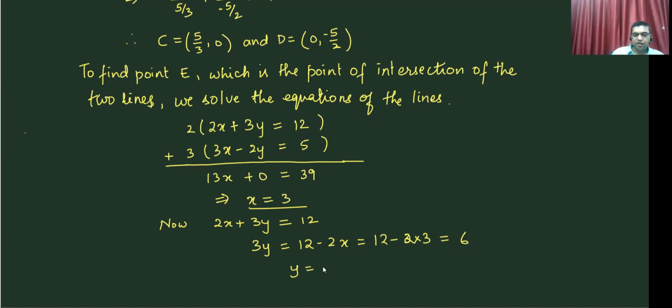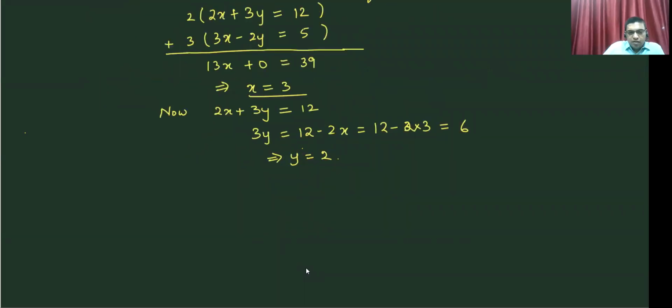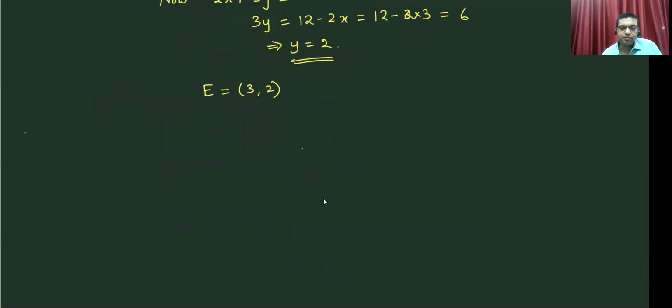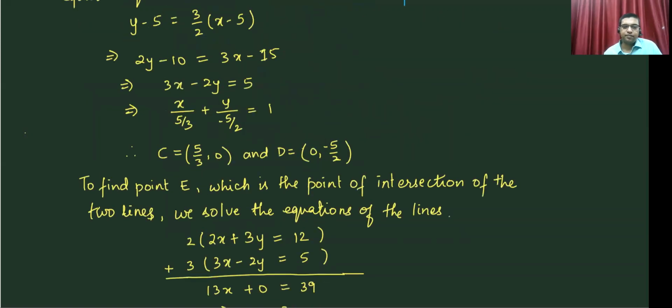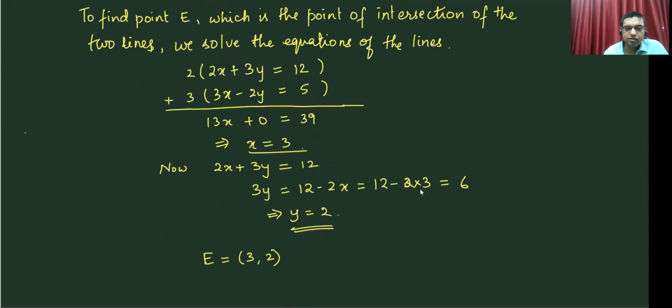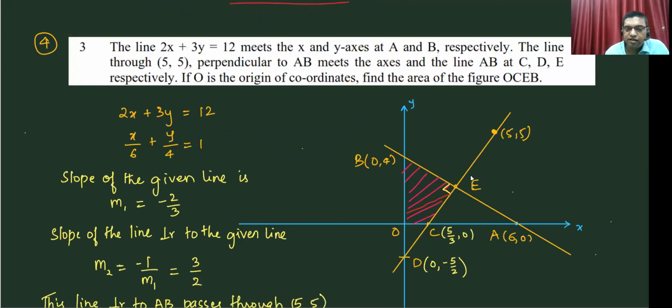So y will be 6 upon 3, which is 2. So we get the point E as (3, 2). Just by solving. So just look here, (3, 2).